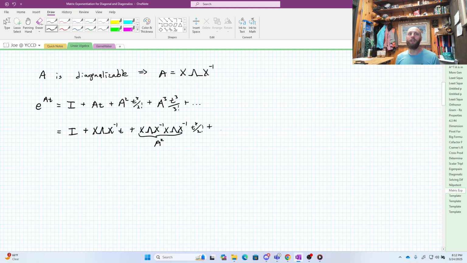And then I've got X lambda X inverse, X lambda X inverse, X lambda X inverse times t cubed over 3 factorial. And you can see how this is going to go.